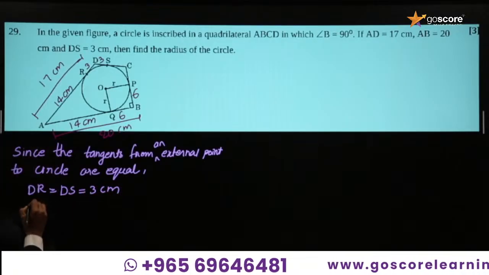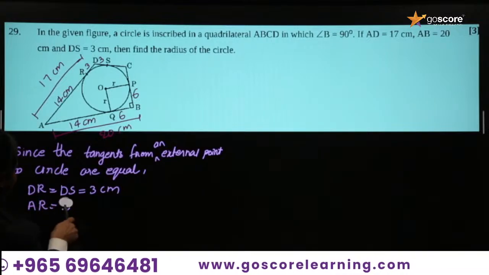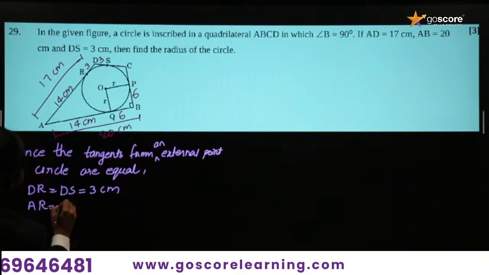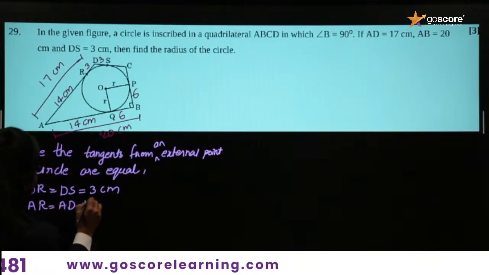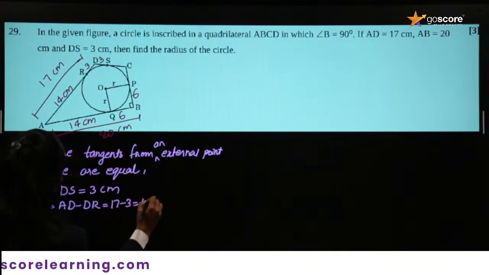Then AR equals AD minus DR, which is 17 minus 3 equals 14 centimeters.